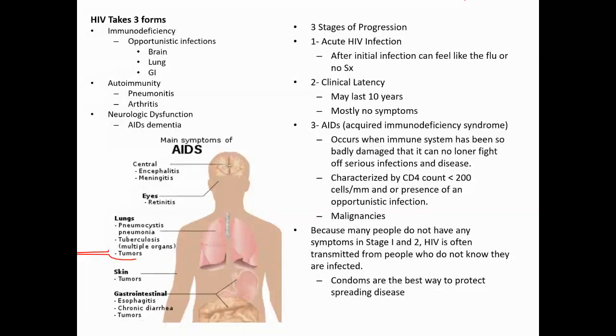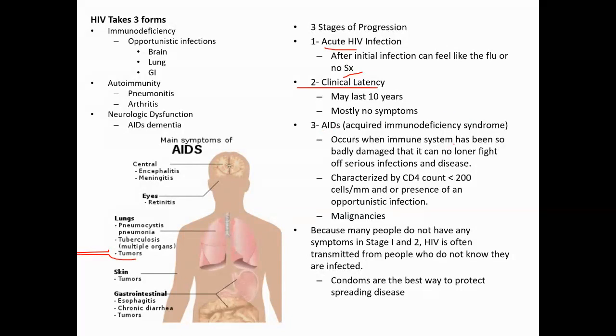3 stages of progression. Number 1, acute HIV infection. After initial infection can feel like the flu, or maybe nothing. Maybe they have no symptoms at all. Next is the clinical latency period. So acute period, latency period, may last 10 years and generally have no symptoms at all. And the 3rd stage of progression is AIDS.